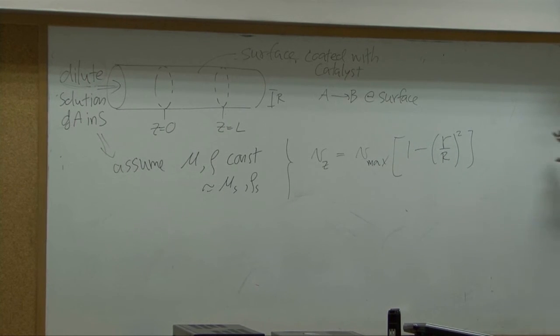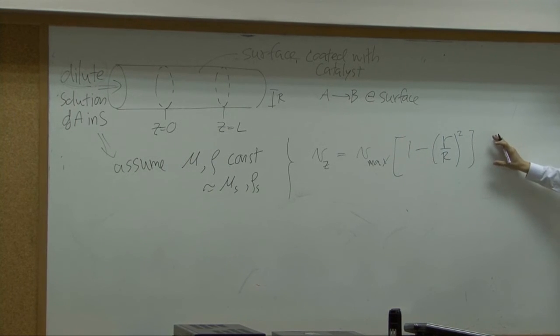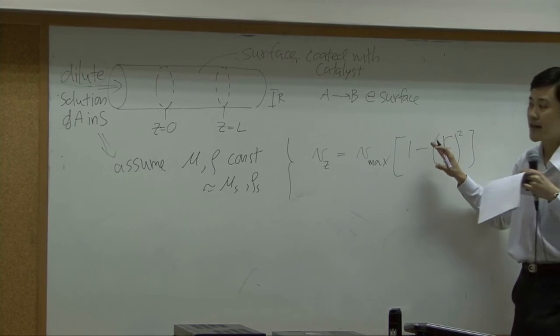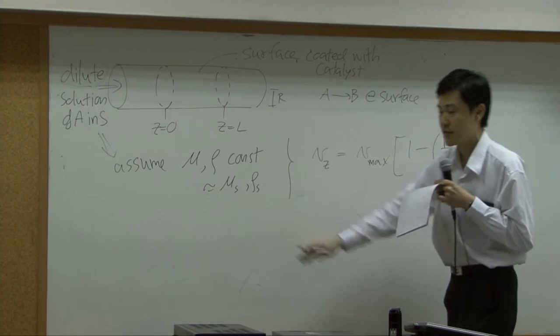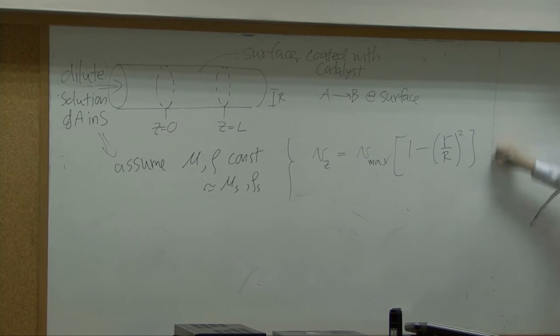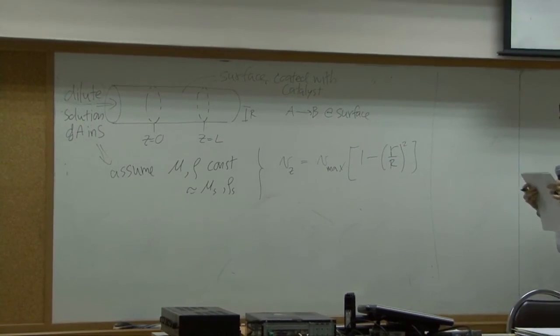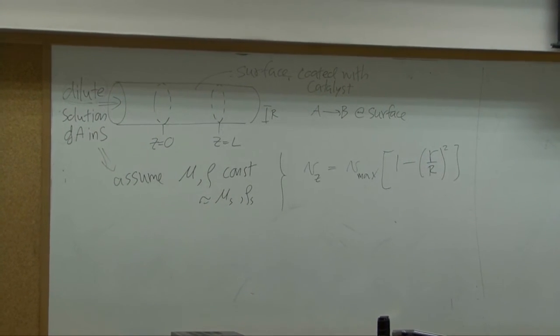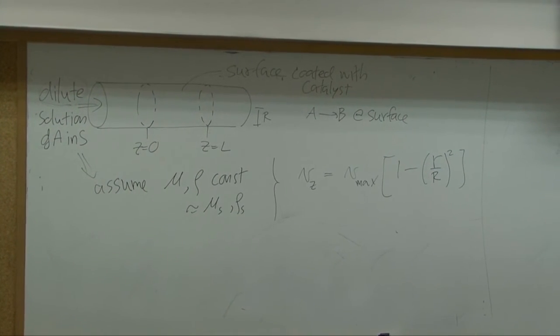I just want to emphasize that this velocity profile was obtained from momentum transport under the assumption that viscosity is constant. Then we can start doing the mass transport problem.